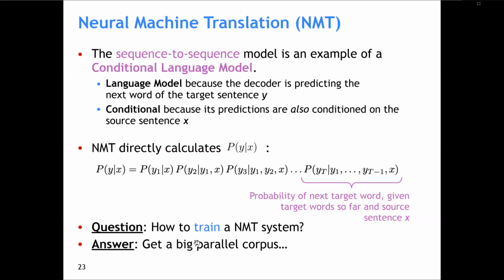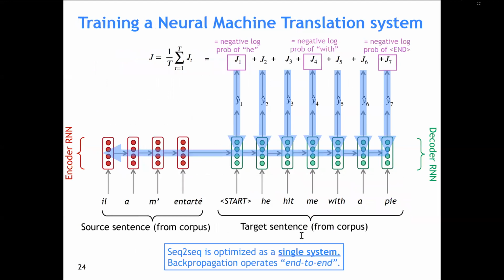So the question right now becomes how to train a system. Well, the first step is, of course, to get a big parallel corpus. The objective is also very similar to language modeling, which is the sum of the log probability of the words. Say you have a vocabulary of, for example, 1,000 words you can choose from to generate your sequence.